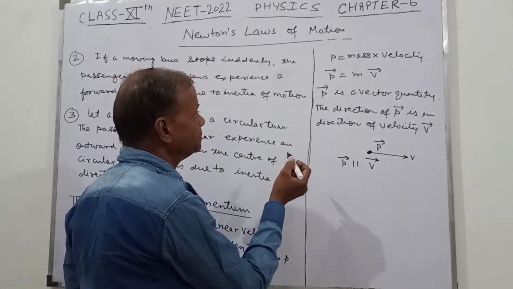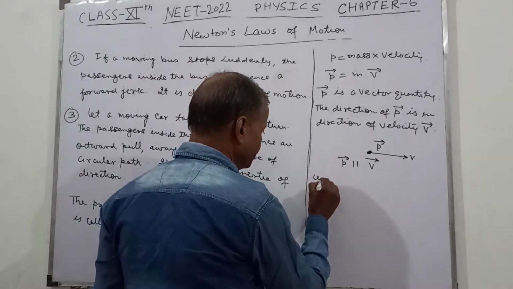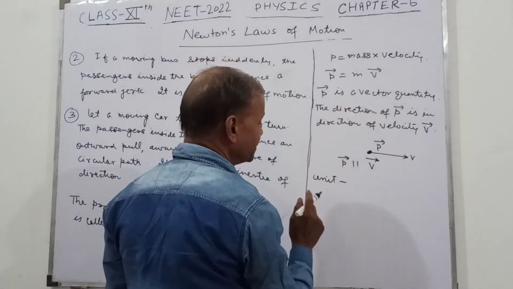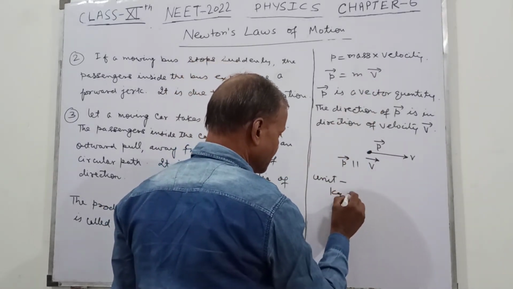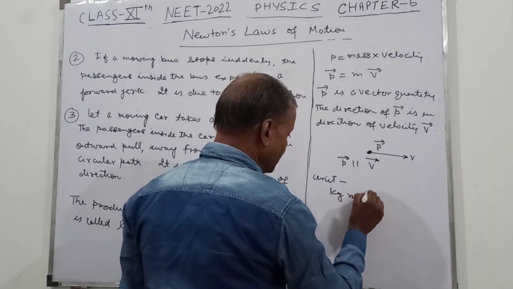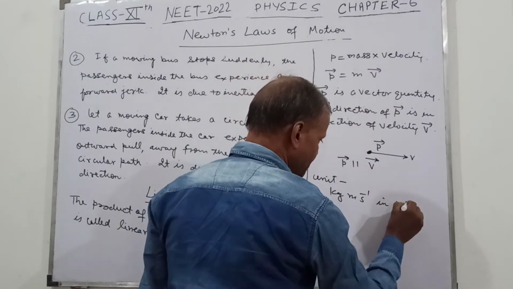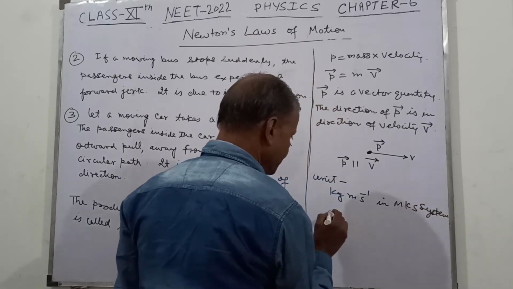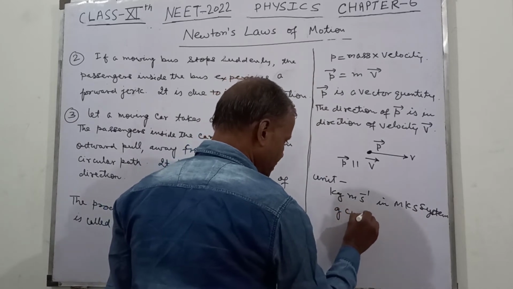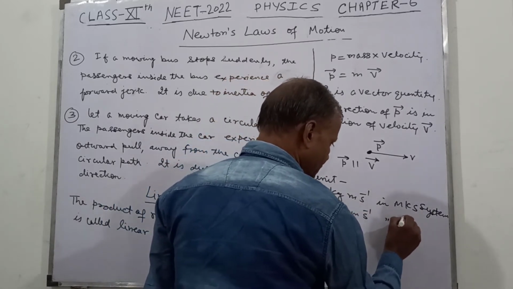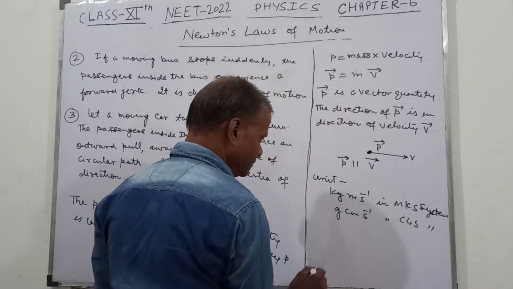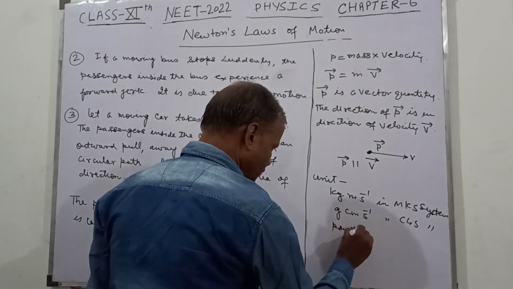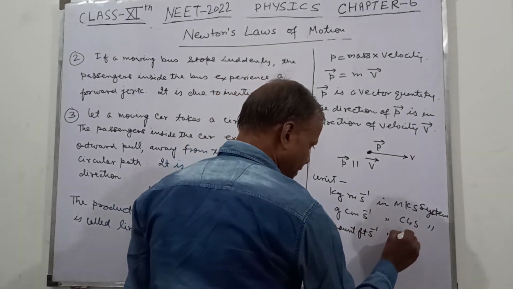Now the unit of this: this is kilogram, this is meter per second, so kilogram meter per second in the MKS system. This is gram centimeter per second in the CGS system, and pound foot per second in the FPS system.